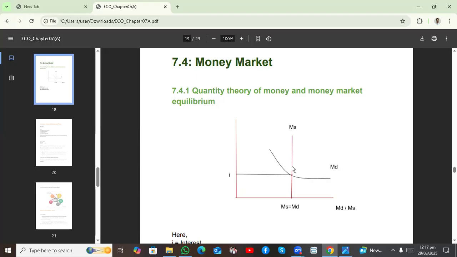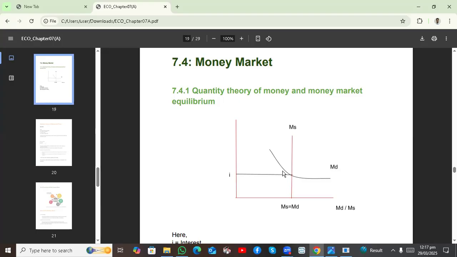The red curve refers to the MS curve and this curve is the MD curve. These two curves intersect at a point, and this point is called the equilibrium point. At this point, MS is equal to MD. That means supply of money and demand for money are equal.